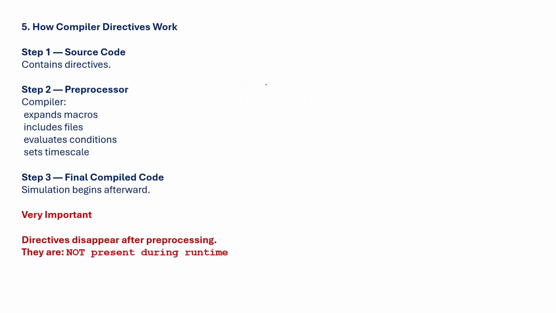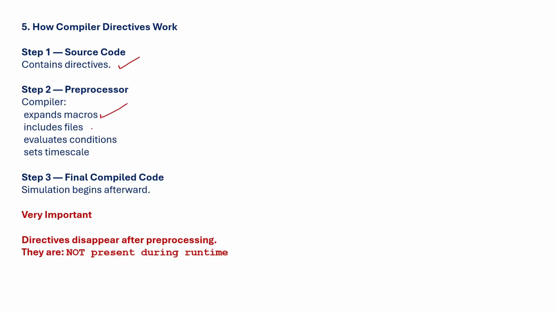See how compiler directives work. Whatever source code we have will be added here. The compiler directives contain some directives. The preprocessor also takes the compiler directives and expands the macros.